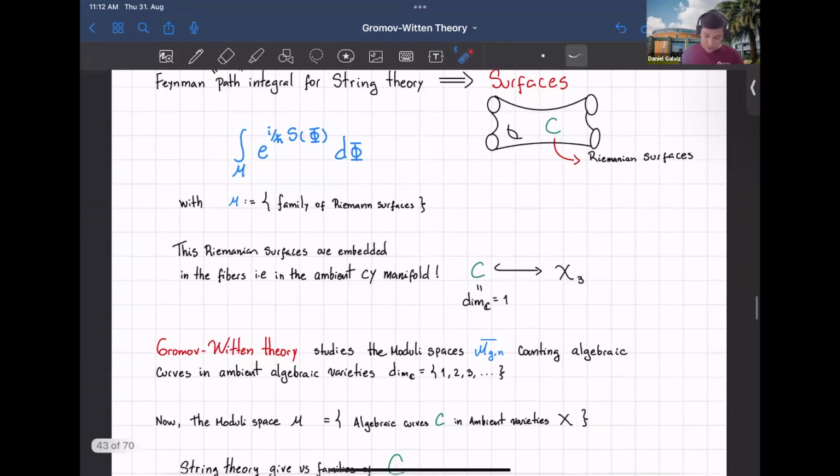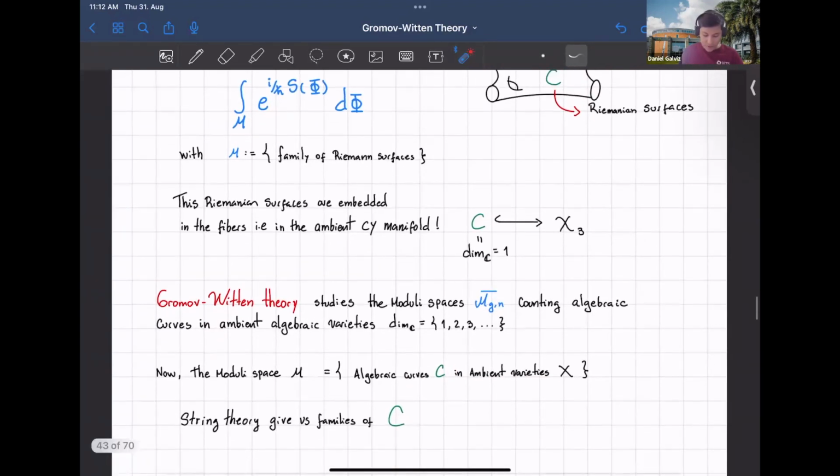Okay, and now the moduli space of algebraic curves C in ambient varieties X is this family, and string theory gives us a family of these Riemann surfaces by our path integral formulation.